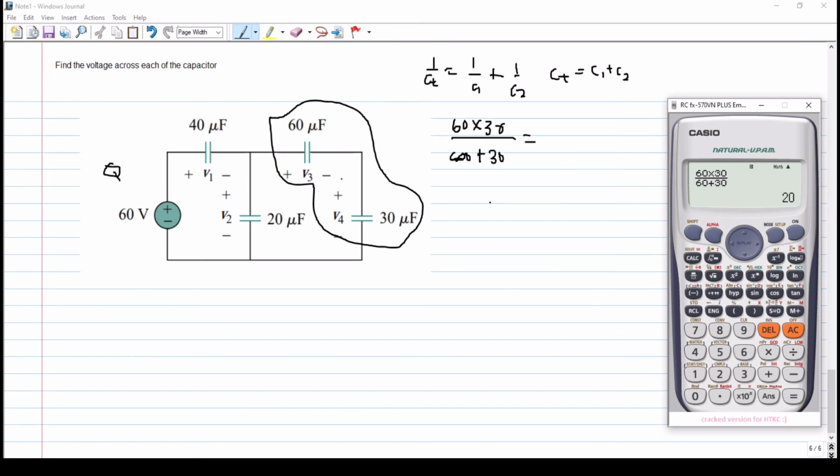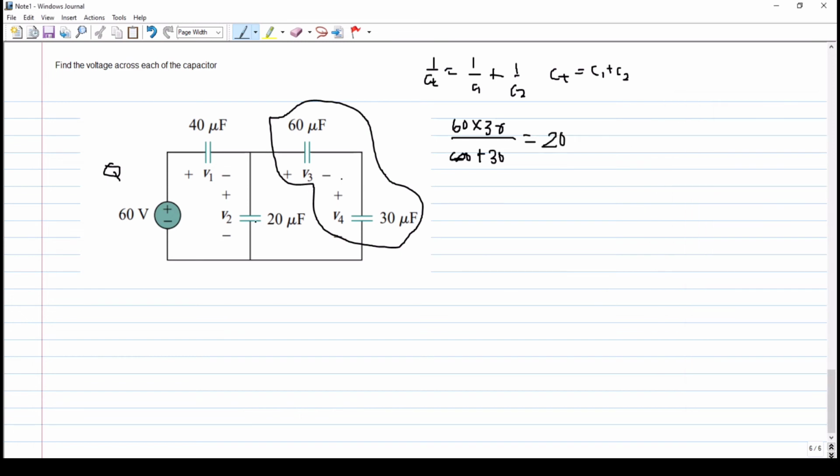Okay, so 20. So take note that this is in parallel with 20 microfarad. So therefore, here is 40 microfarad equivalent. Okay. So again, 40 microfarad is series to the 40 microfarad. This is in B1. Capacitance in B1. So therefore, 40 times 40 over 40 plus 40.